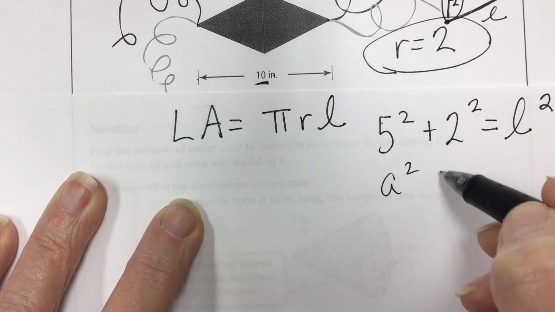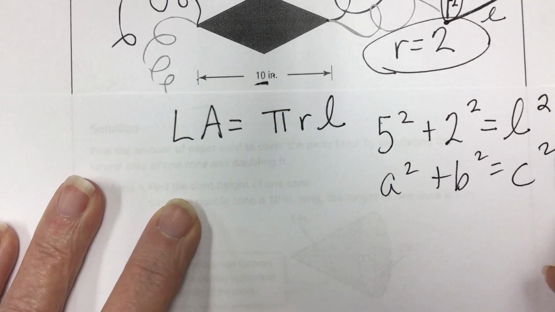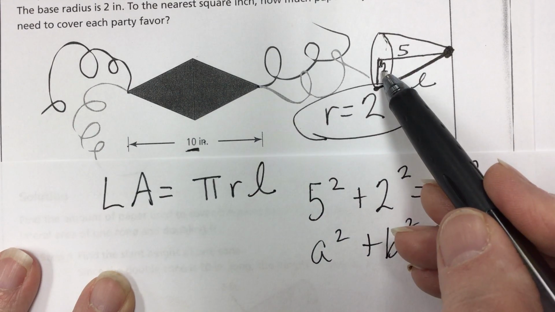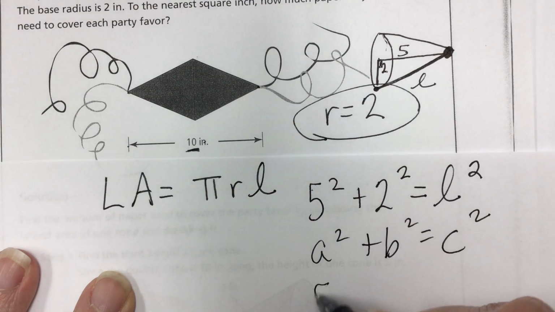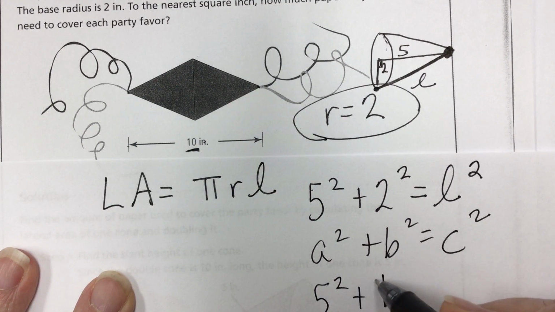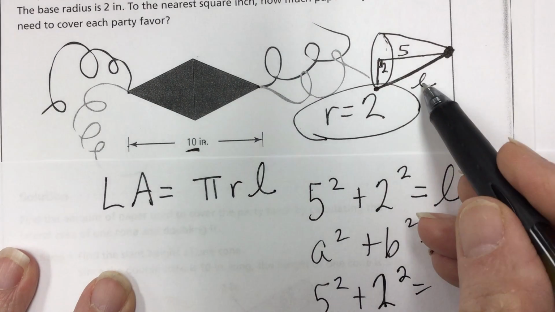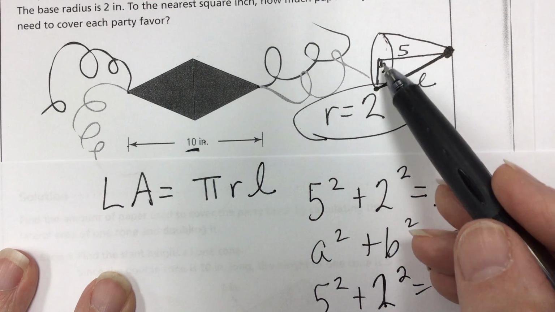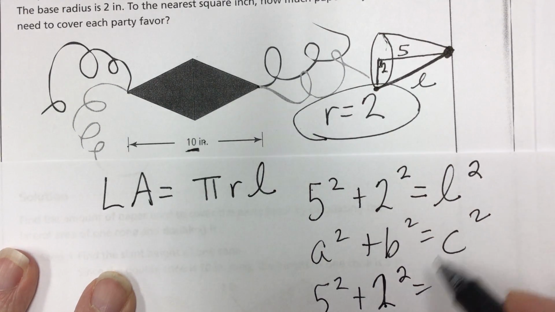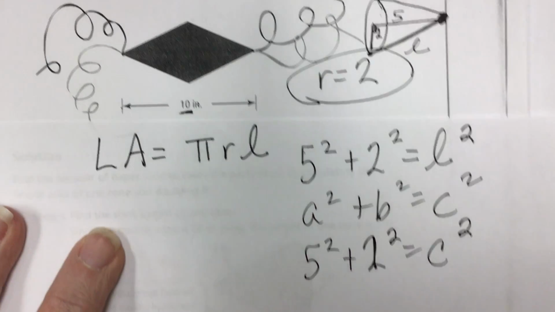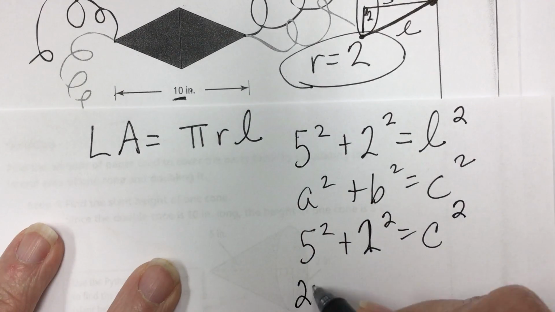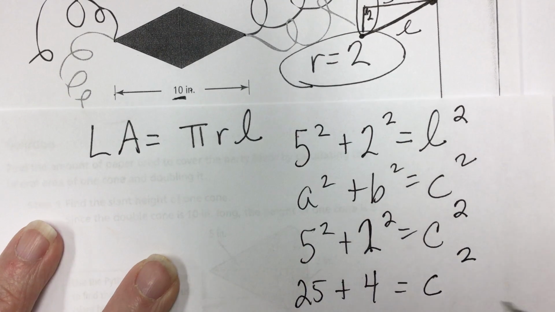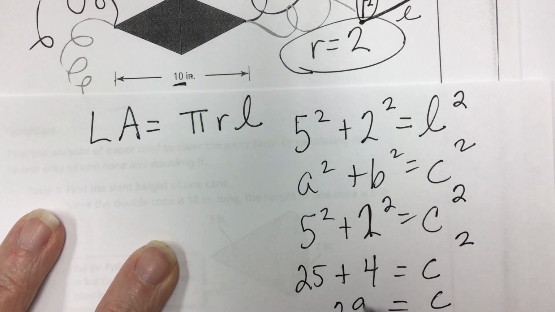That's the same thing as using A squared plus B squared equals C squared. 5 is a leg, 2 is a leg, so I can let the legs be A and B, and I'm searching for the hypotenuse of the right triangle, or the slant height of the cone. I'll use C because that's what you're probably more familiar with. 5 squared is 25, plus 2 squared is 4, equals C squared. So C squared is equal to 29.